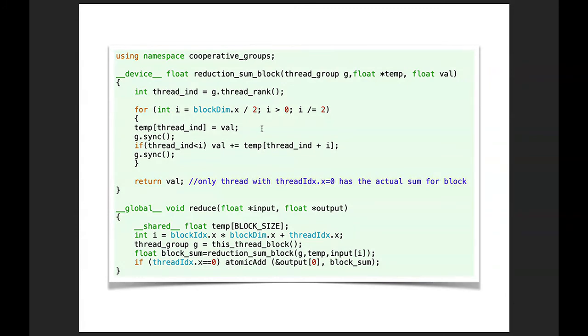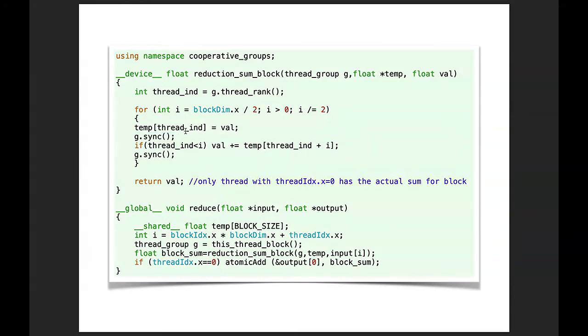And what happens inside the reduction function, the reduction sum block? Well, I am passing the thread group. And notice here that the ID of the thread is computed from the thread rank method of the group. And also the synchronization doesn't happen with sync threads. It happens with the sync method of the thread group. So far we have just renamed things.